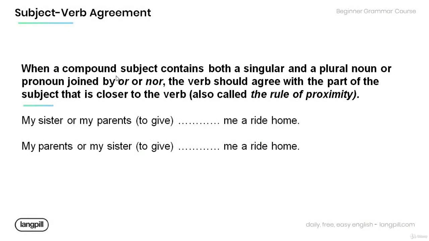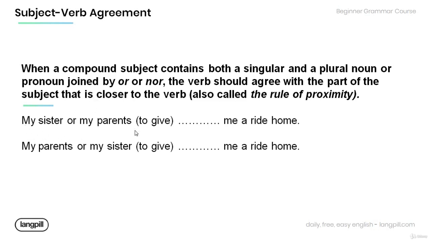Remember that when a compound subject contains both a singular and a plural noun or pronoun joined by or nor, the verb should agree with the part of the subject that is closer to the verb, which is also known as the rule of proximity. Now have a look at the following sentences and fill in the blanks using the appropriate form of the verbs.